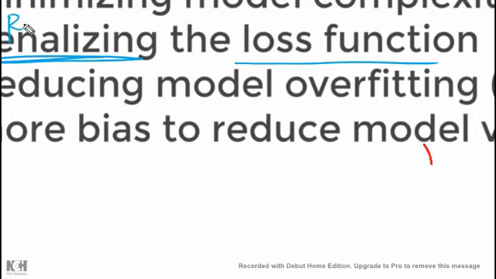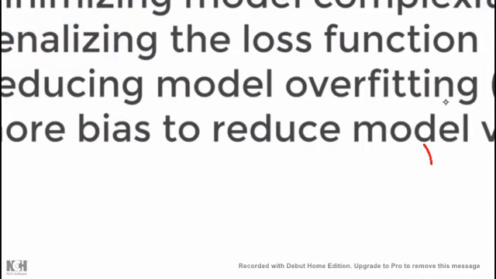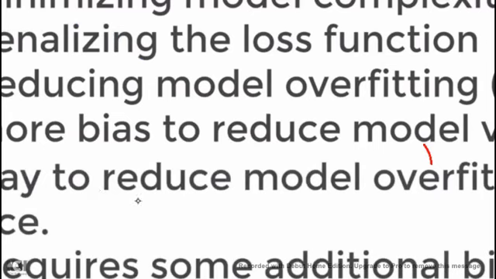Penalizing means nothing but reducing. Simple word, reducing. You are penalizing the loss function, meaning you are simply reducing the overfitting problem by adding bias. By adding the bias, you are trying to reduce the variance. To reduce model overfitting and variance requires some additional bias. You are adding some more bias.